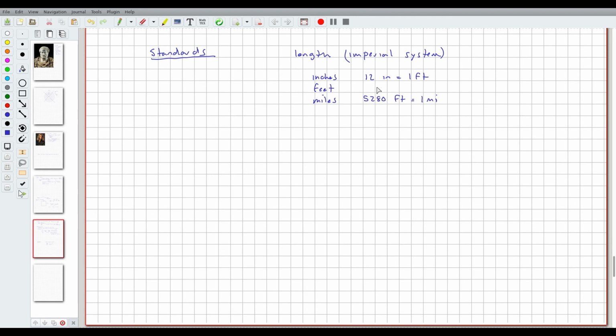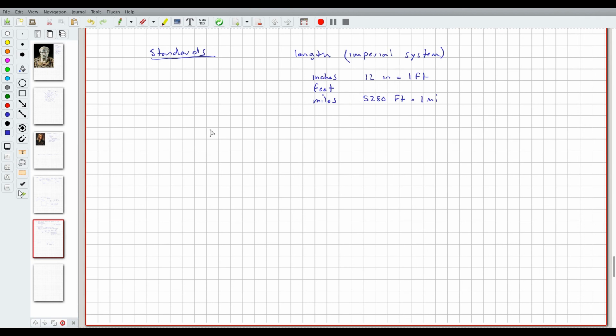Already my head is hurting because there's no clear relationship between 12 and 5,280. So in order to be proficient in the imperial system, going just between the units themselves and looking at their standards can be problematic.